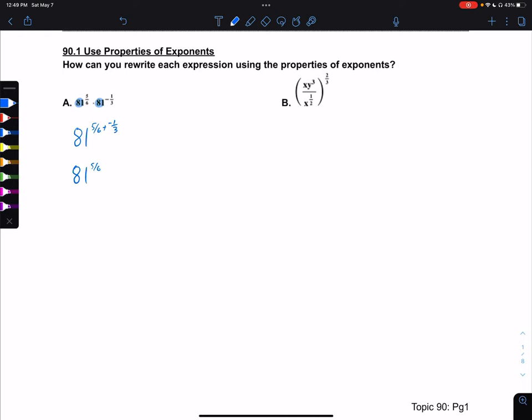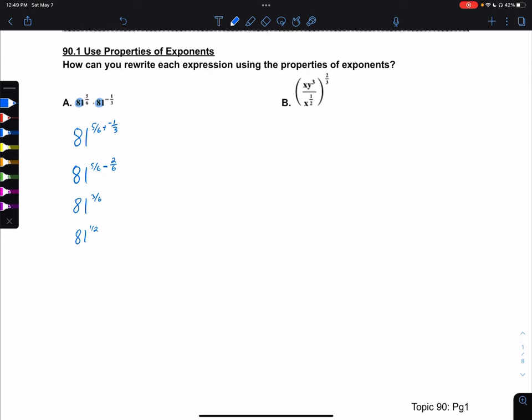So I need common denominators. I am going to change this to a subtraction sign. So a common denominator would be 6, and the second fraction, instead of being 1/3, I would change to 2/6. So subtract here, 5 minus 2 would be 3. I'd have an exponent of 3/6, which quite easily reduces to 1/2.